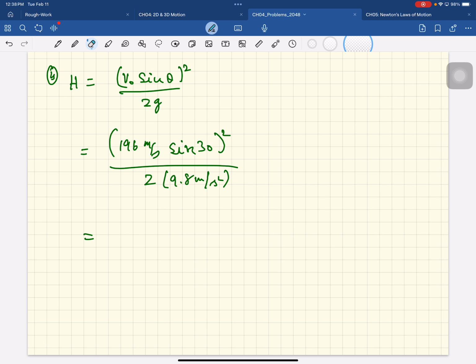That's 490 meters, which is about half a kilometer. It's about 10 times the tallest building on the beach.